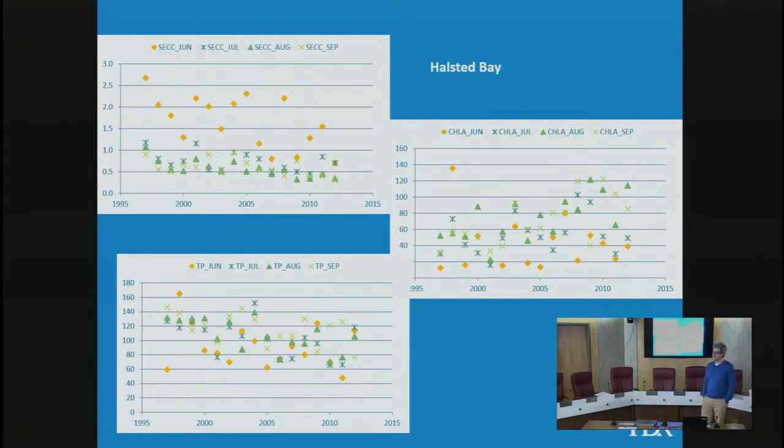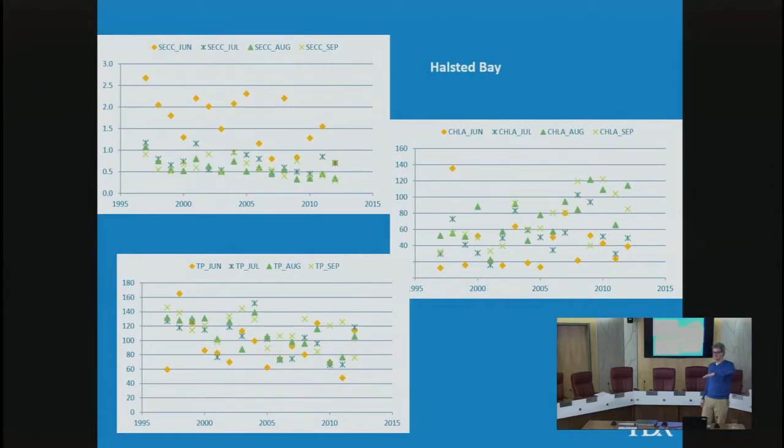And maybe some of the efforts at controlling erosion and runoff getting into the 6 Mile Creek system, which ends up in 6 Mile, maybe that has reduced the phosphorus content, but in an ancillary way has enhanced the light regime in the water.